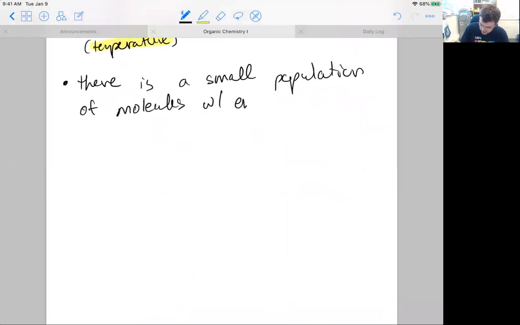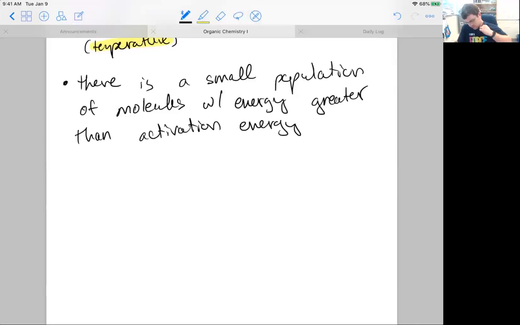So there's a small population of molecules with an energy greater than the activation energy. And they are shaded. That region of the graph is shaded. So this frequency distribution allows us to see that there are some molecules with a greater activation energy for our particular reaction.